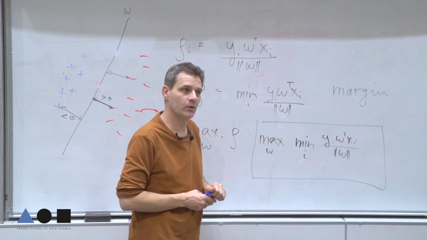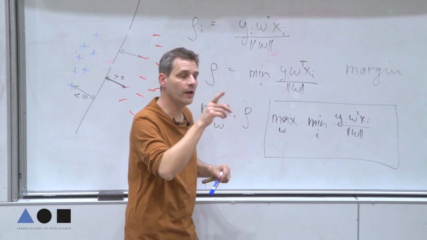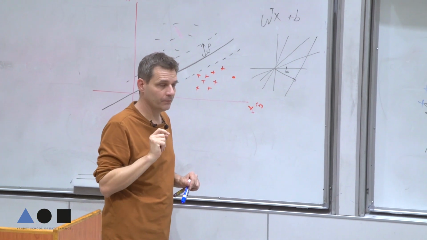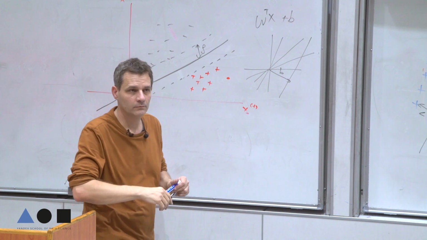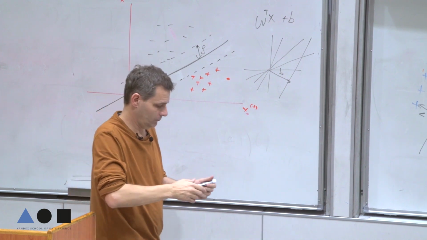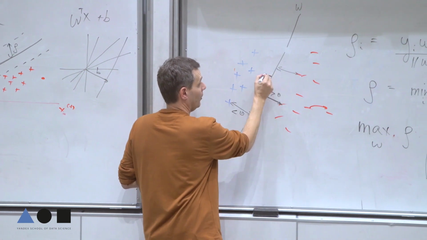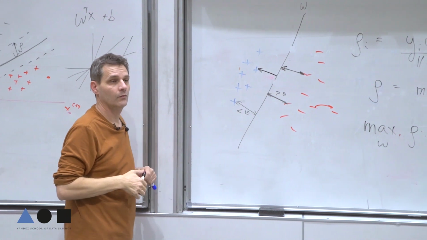Okay. Was that the question? What I wanted to say is that what you care about is the distance between the closest points from the two classes. So this is the relative distance that you care about.